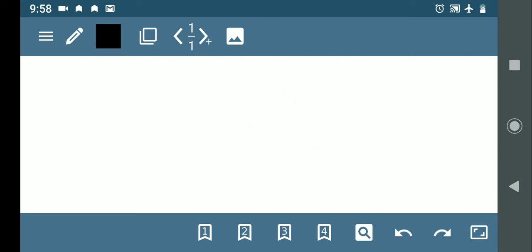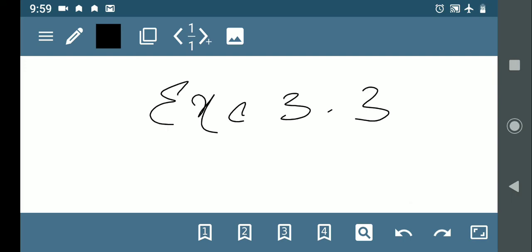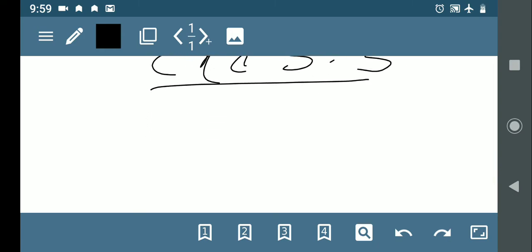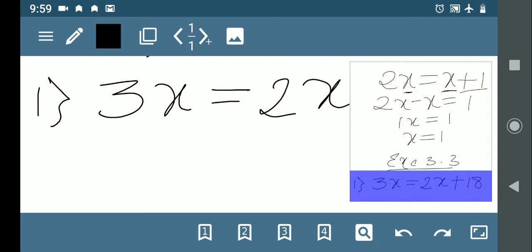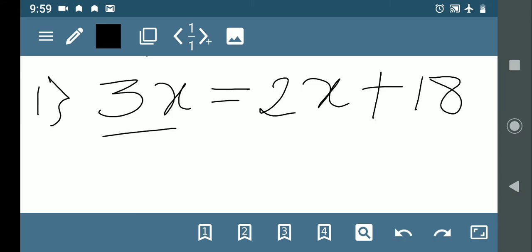Now let's go for the exercise 3.3. First problem, we have 3x is equal to 2x plus 18. So see here, first we have to compute with the variables. 3x is equal to 2x plus 18, so you take 2x from RHS to LHS.